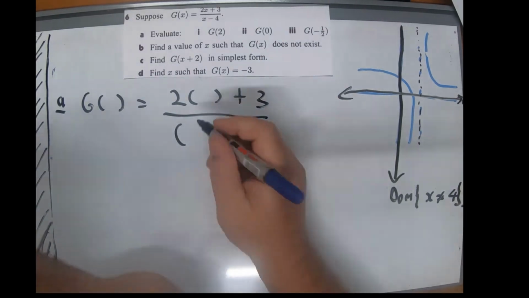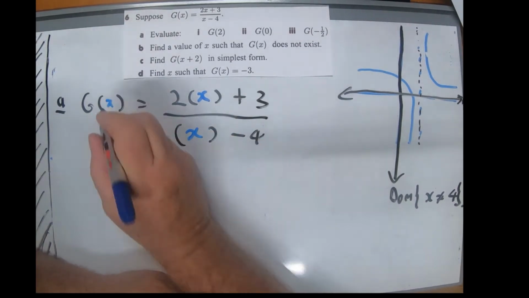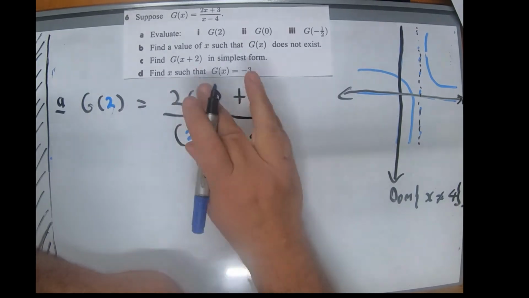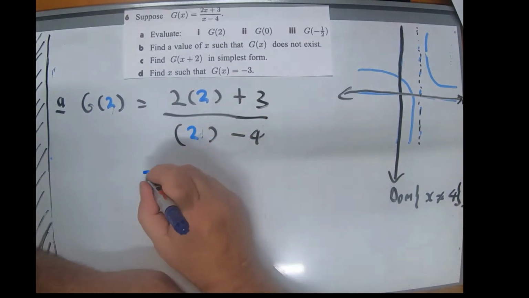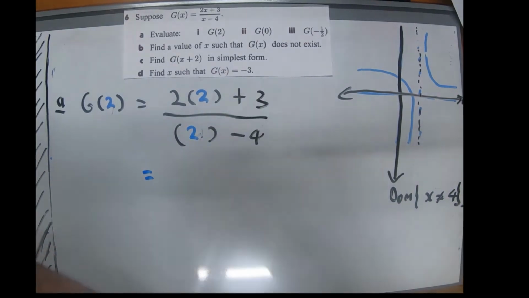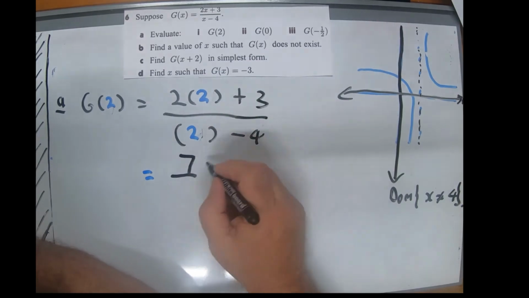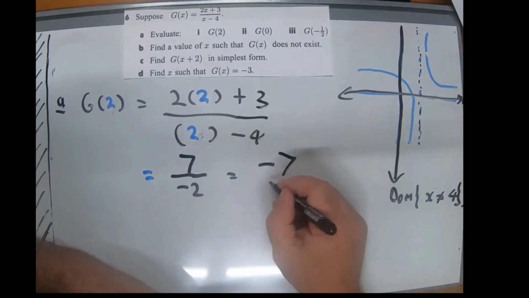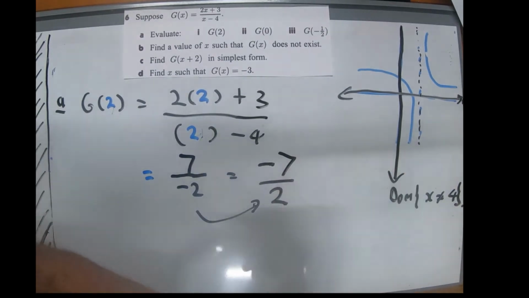So instead of x, I'm now going to put a 2. Now, to evaluate this, 2 times 2 is 4, plus 3 is 7. 2 subtract 4 is minus 2.